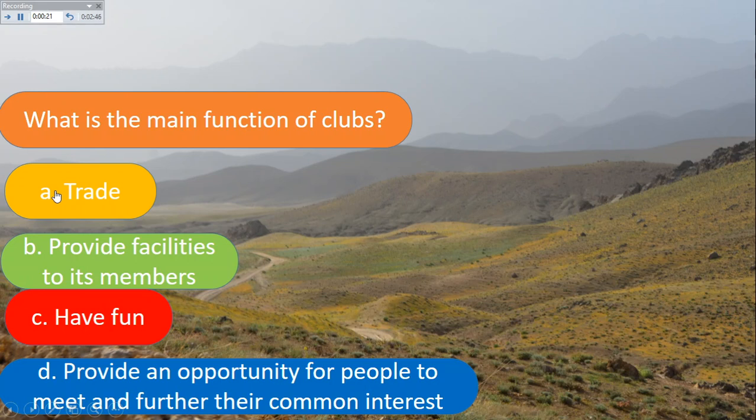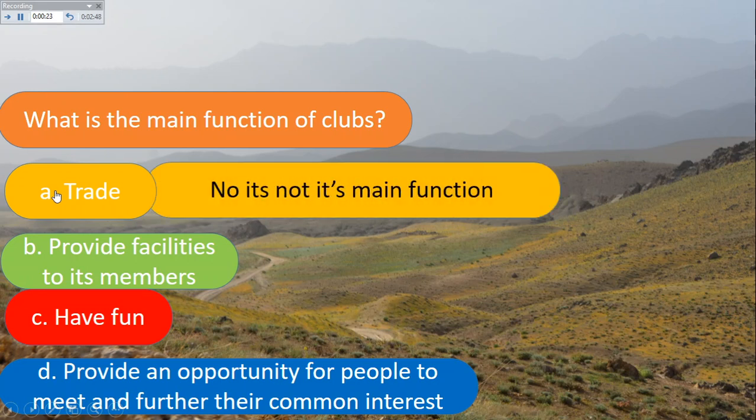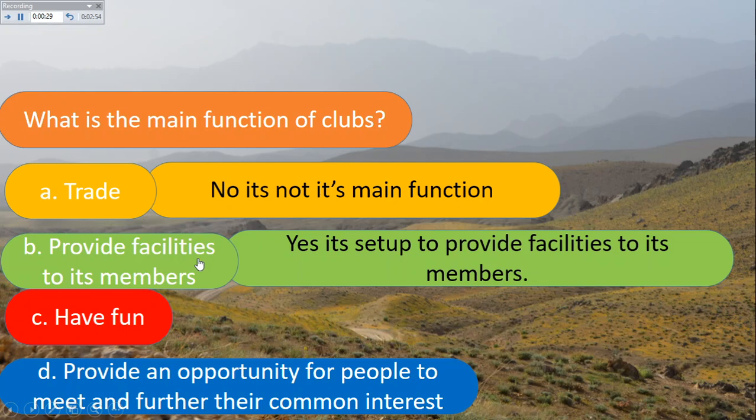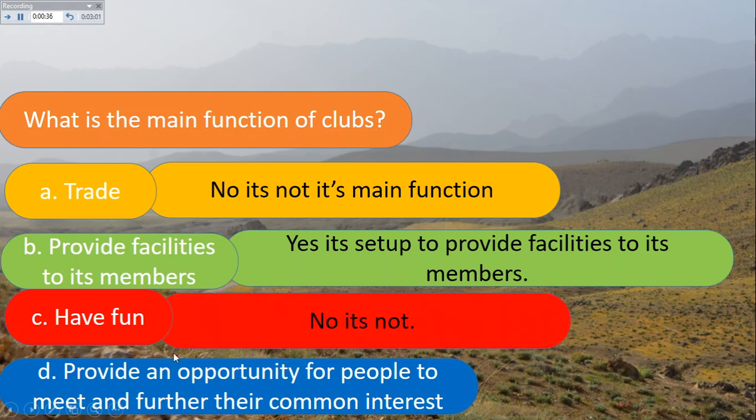What is the main function of clubs? Number A, trade. No, it's not the main function. Clubs are not established for the purpose of trading. Provide facility to members. Yes, it's set up to provide facilities to its members. Have fun. No, it's not. Provide an opportunity for people to meet and further their common interests.